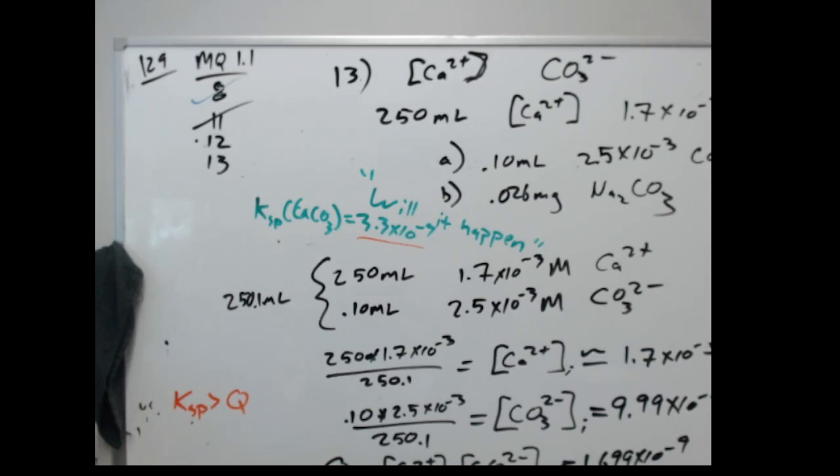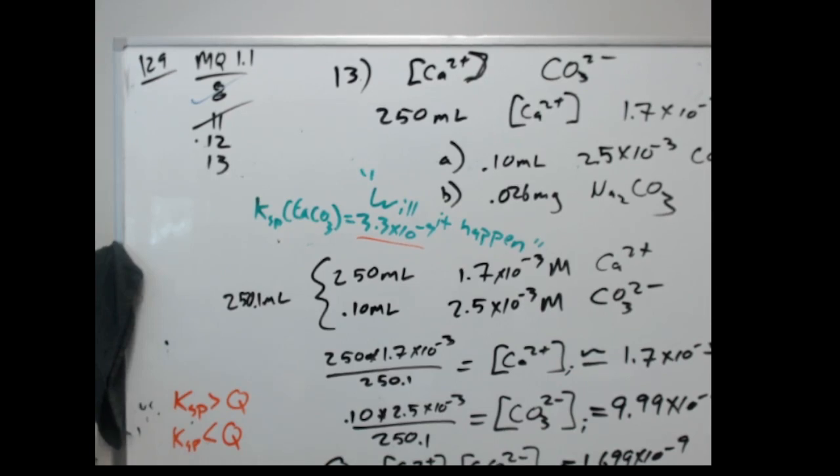If Q is greater than the KSP, it means the reaction is going toward the reactant side. Remember, here's the way I always think about Q versus KSP: I always just think about the numerator.